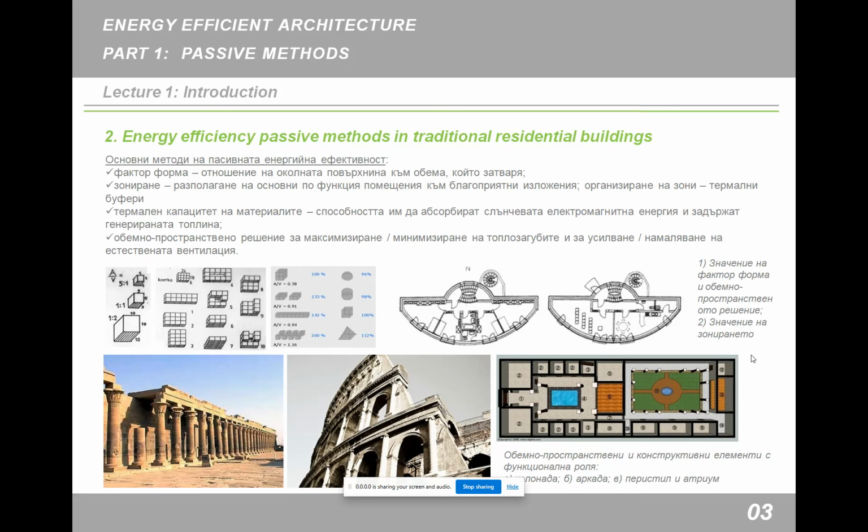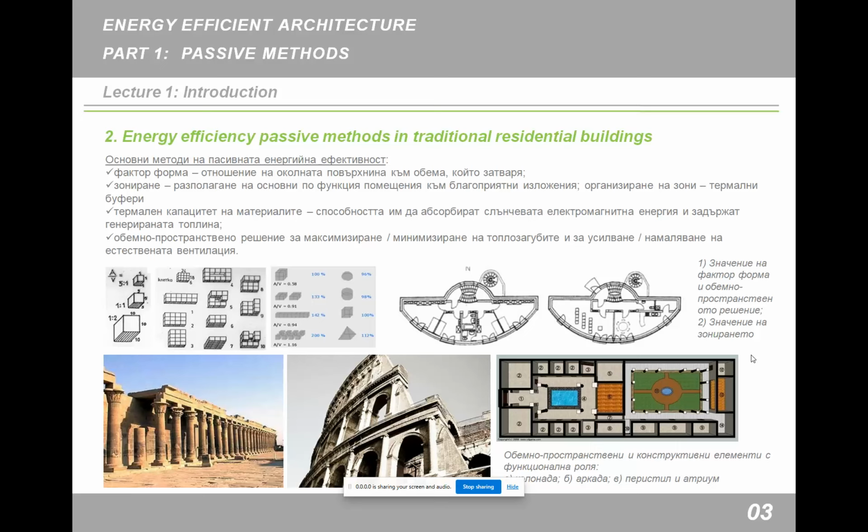So, the main methods of passive energy efficiency are the form factor, which is the ratio between the surrounding surface of the building and the volume inside that is heated.